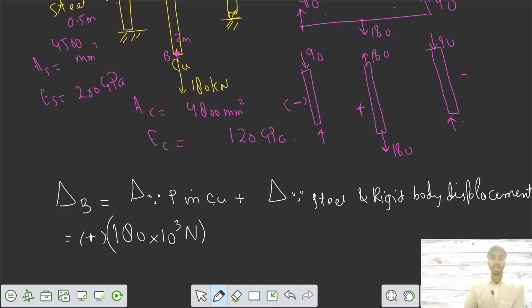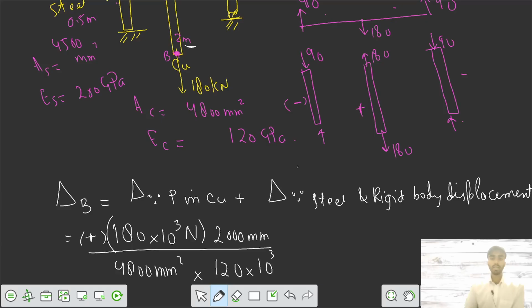P L, where L is the length of the copper bar, that's 2 meters, so writing as 2000 mm, divided by the area of cross section of the copper bar, that's 4800 mm square. And E of copper is 120 gigapascal, writing as 10 to the power 3 megapascal.